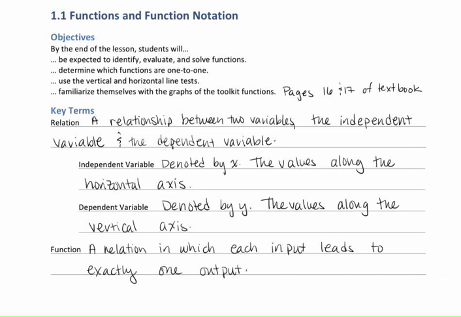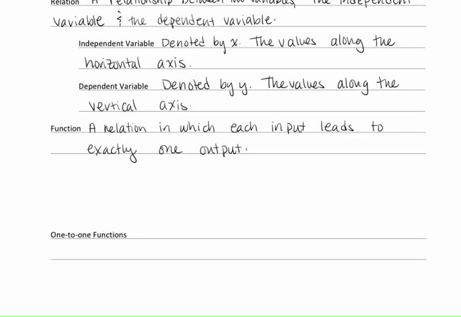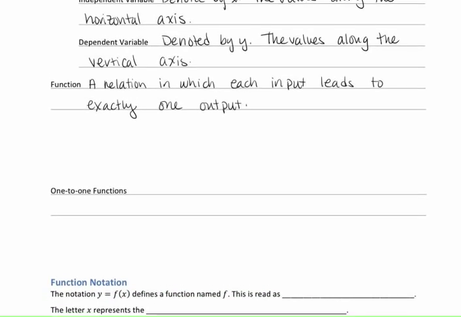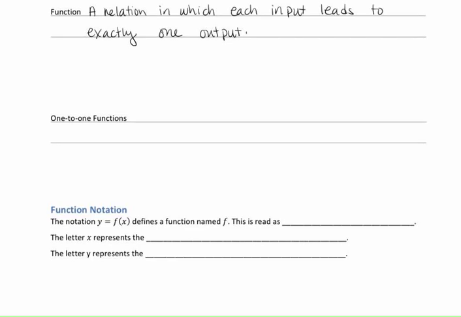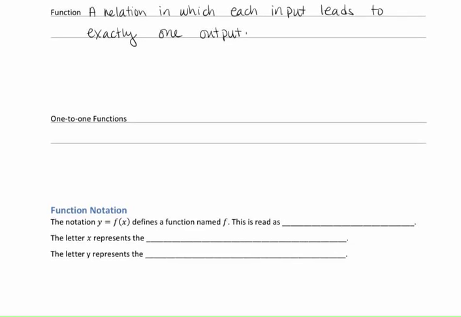Now we can sketch what a function would look like below. We can also sketch what a function would not look like. So I'm going to scroll and zoom so we can see the rest of the page along with the definition of function, the definition we haven't filled in, and some information on function notation.